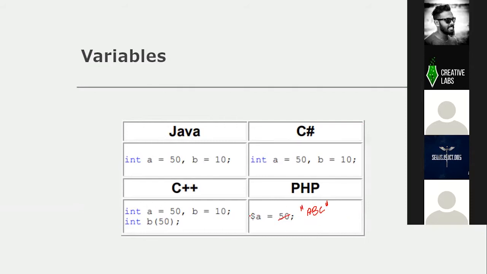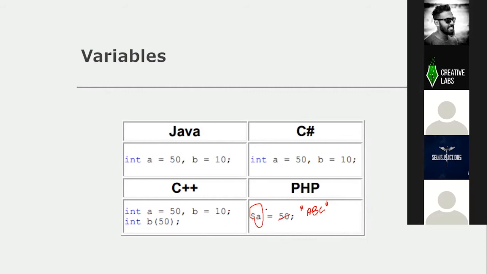So this variable a will now be treated as a string variable. This is called dynamic typing. This one is static, and this is dynamic. We don't need to provide any data types because PHP does not support that typing. The same applies to Python and even JavaScript.